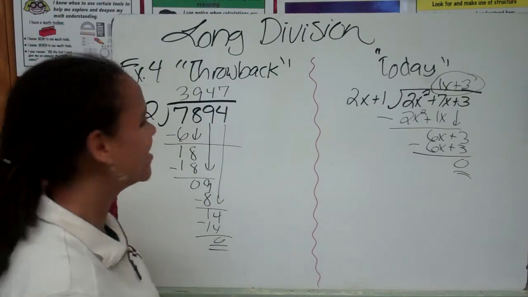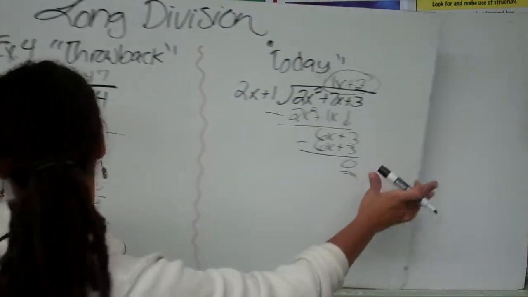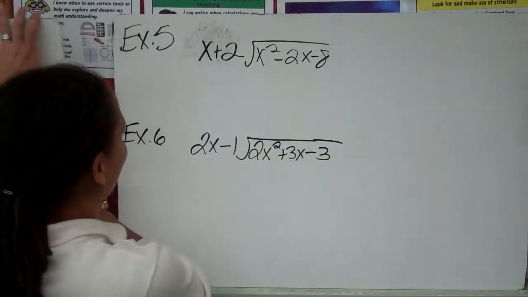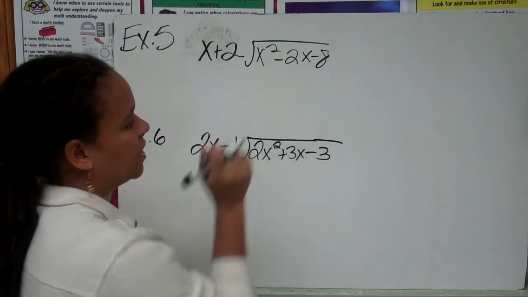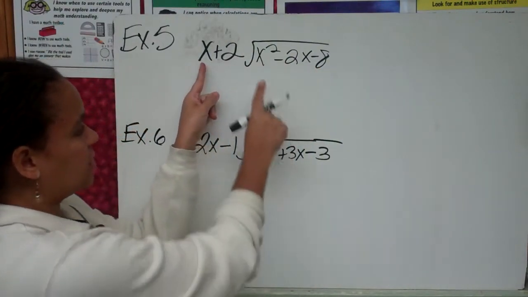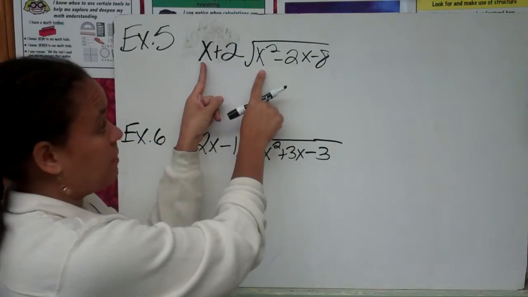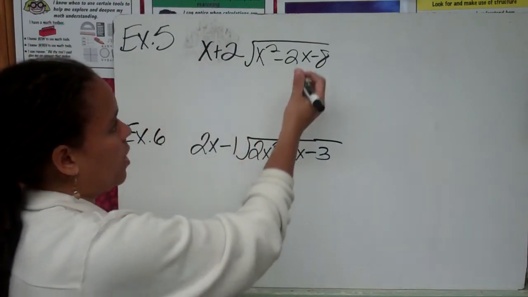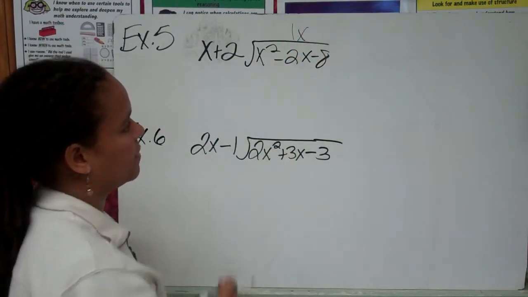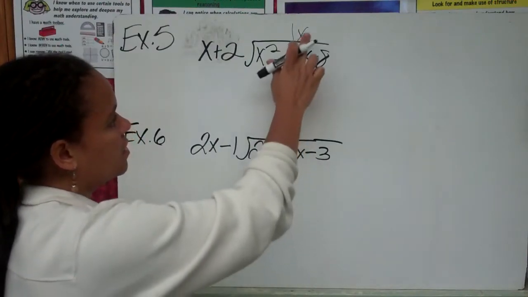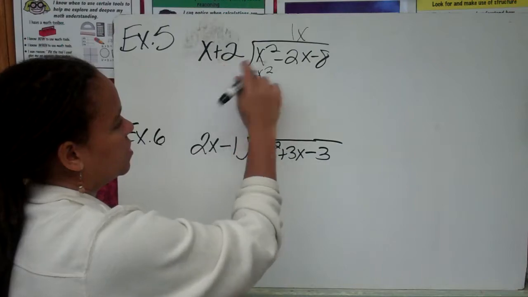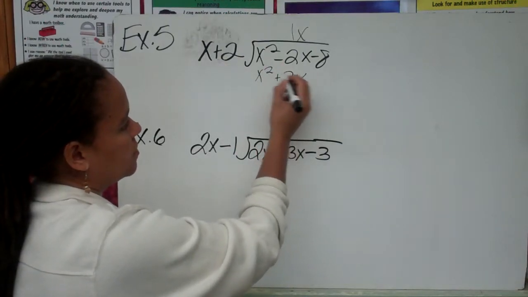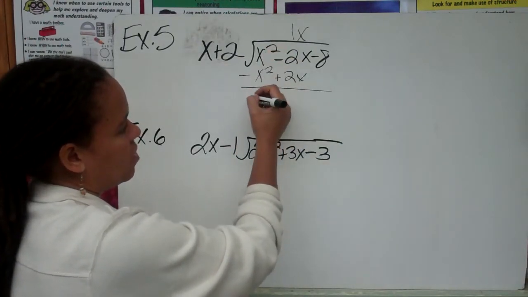All right, example 5, x squared minus 2x minus 8 divided by x plus 2. So start with x and see what it needs to multiply by to get x squared. Well, I need one more x. So 1x, I'll put that there, or just x. x times x is x squared. x times 2 is 2x. Subtract. That's gone.